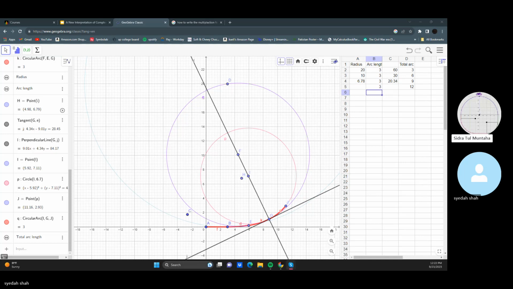So your radius would be, when you divide 60 by 12, you will get your radius, 5. Yes, so you have to take the next radius and it would be 5. 60 divided by 12 is 5.